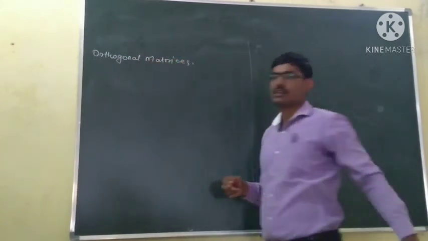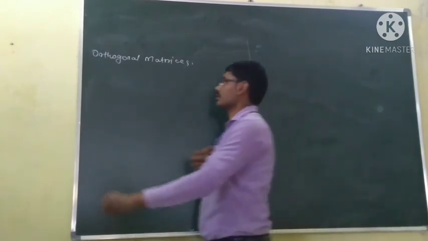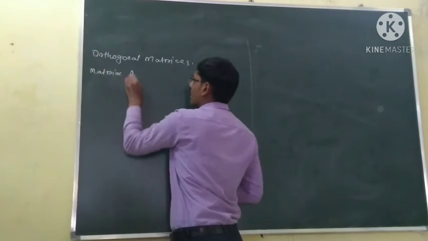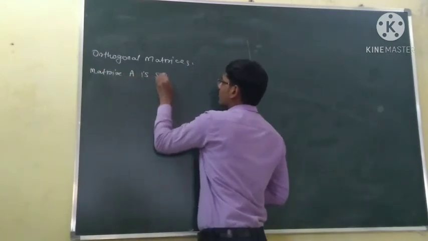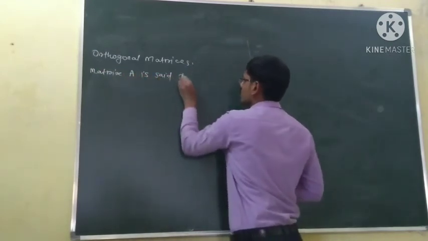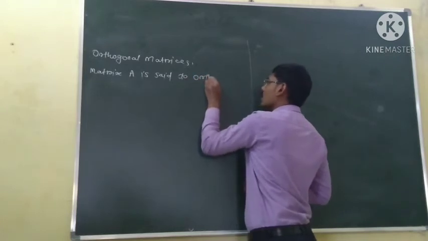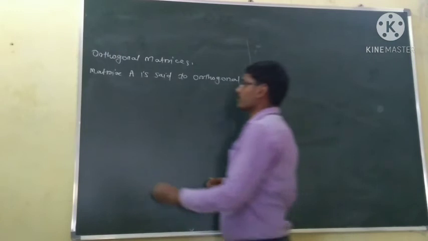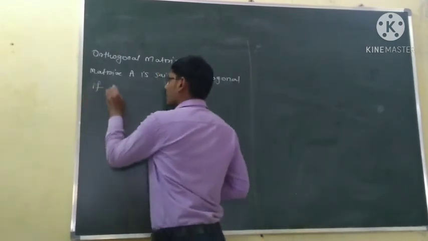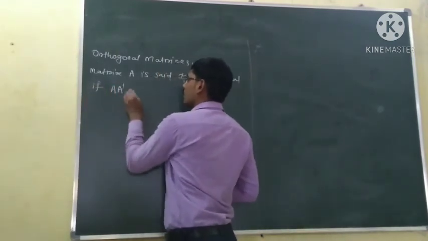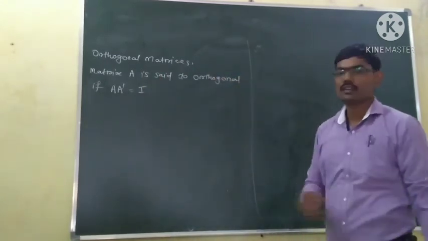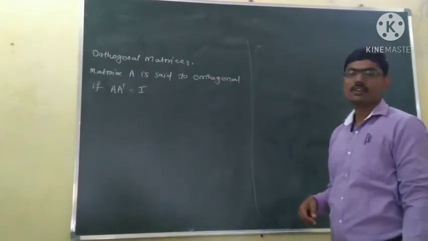A matrix A is said to be an orthogonal matrix if matrix A into its transpose is equal to identity. This is the definition of an orthogonal matrix.